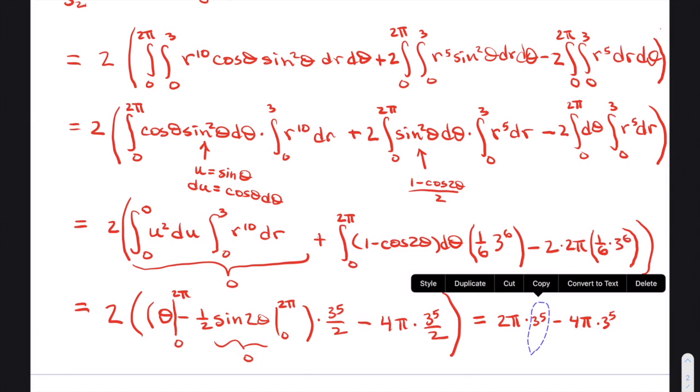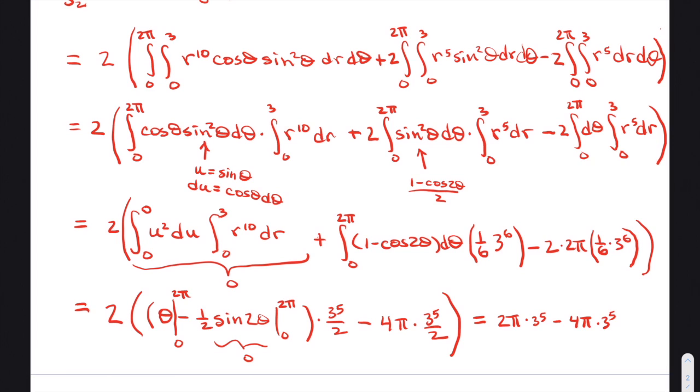I'm not convinced. So 2 pi minus 4 pi. I think we're good here. So I think I'm getting negative 2 pi times 3 to the 5th. Okay, so in the end, that's negative 486 pi.